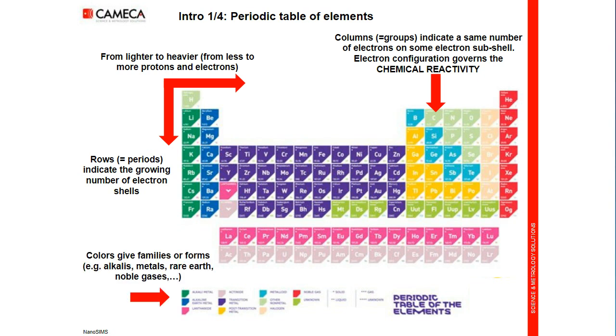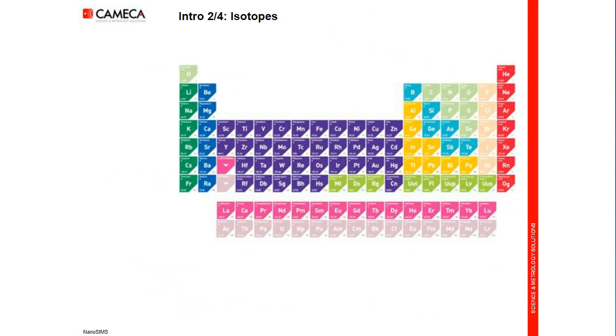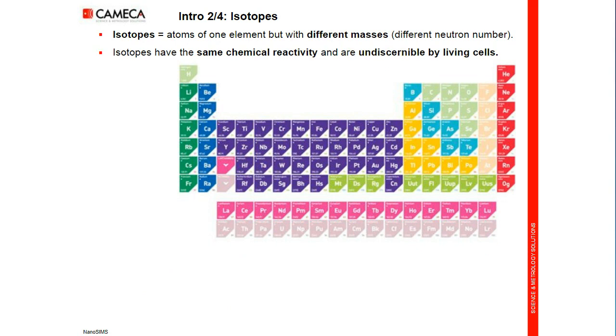Finally, the colors give the families linked to the physical characteristics or reactivities like alkalis, metals, etc. So isotopes have different masses, and we will be able to differentiate them with a mass spectrometer. They have the same chemical reactivity, so we'll be able to build experiments using this characteristic.